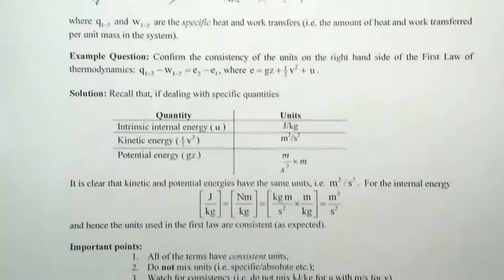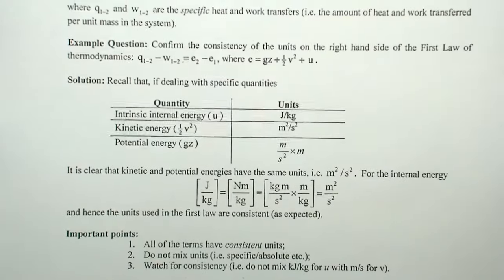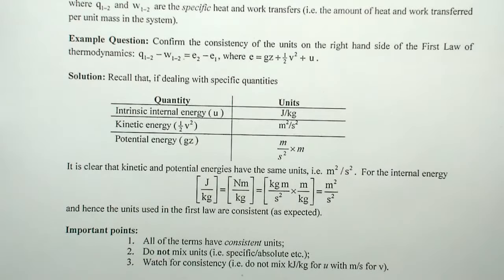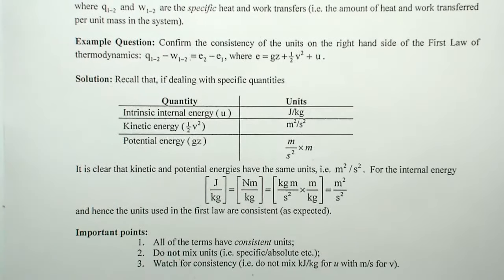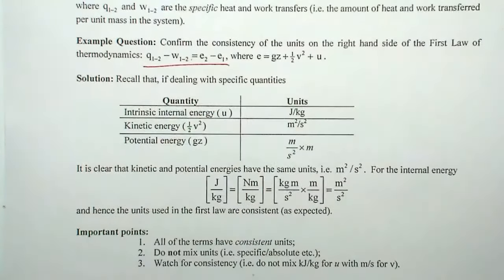We're going to do one example here just to make sure that we understand. Because this equation is quite important, I want to make sure that you understand all the components in this equation, in terms of both the units and the consistency as well. So, looking at this equation, I want to look at the quantities and the units for each quantity.